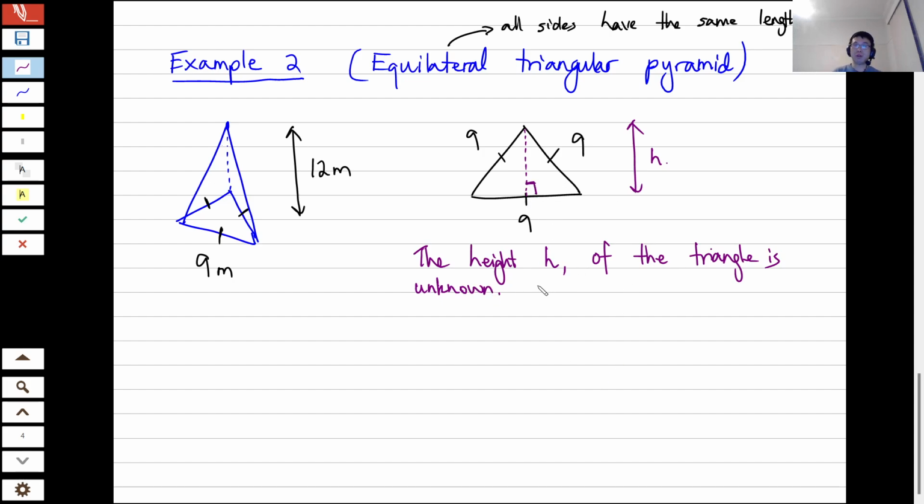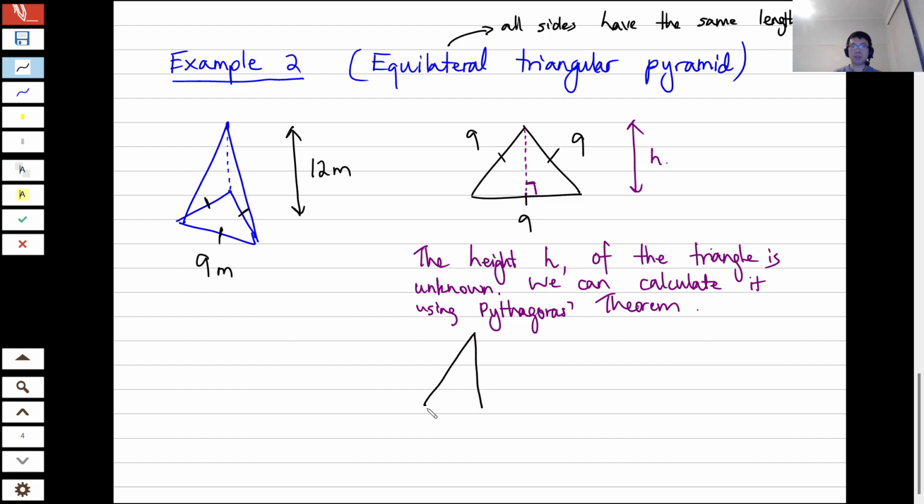But we can calculate it using Pythagoras' theorem. So just like we did with an isosceles triangle, I'm going to break this triangle into two. So I'm just going to consider one side now.